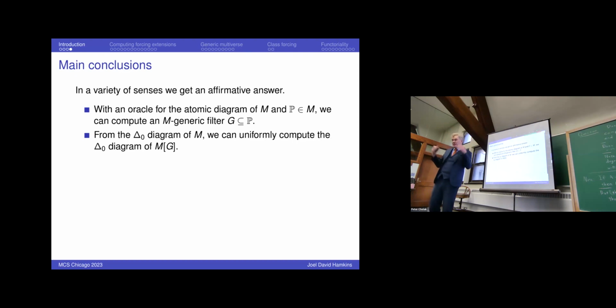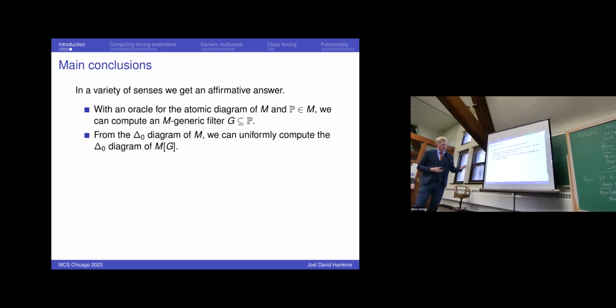But in set theory, we also mean bounded quantifiers, but those bounds are themselves infinite, and so you cannot compute the delta zero diagram of the model generally just from the atomic diagram. It's really much more information. So in this talk, whenever I say delta zero diagram, I'm always talking about delta zero in the Lévy sense, in the set theory sense, not in the arithmetic hierarchy sense.